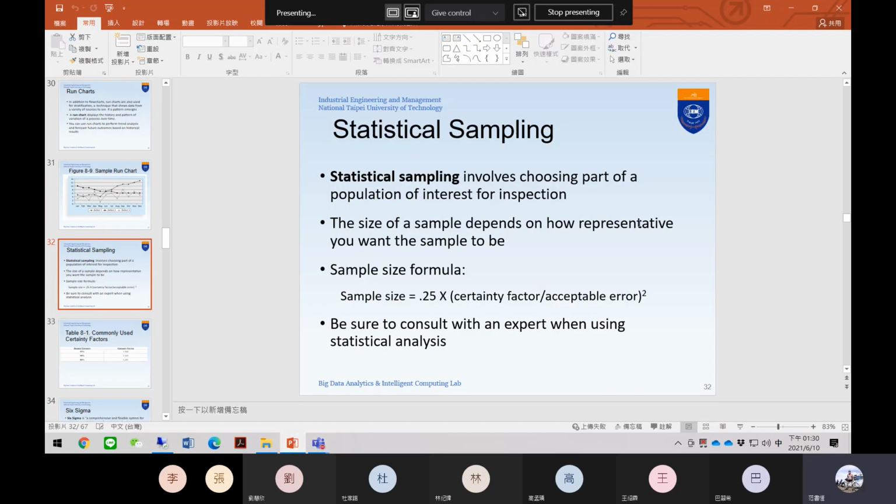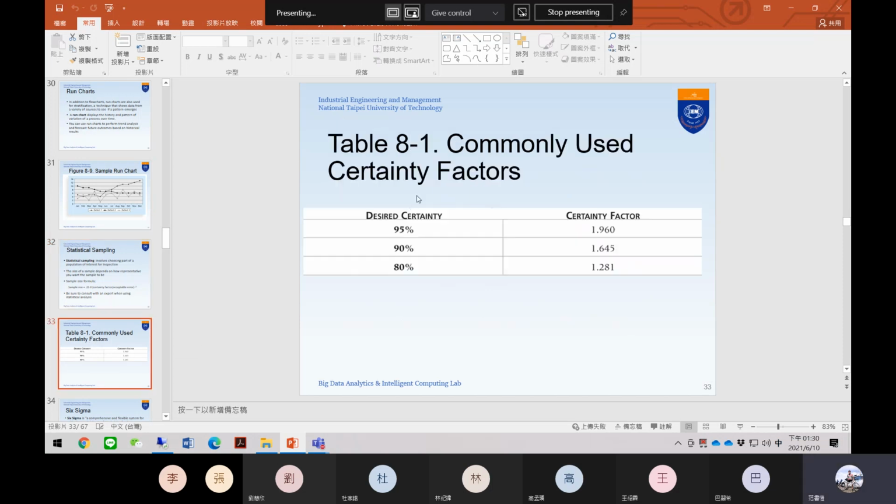So be sure to consult with an expert when using statistical analysis. That's why, 30 years ago, most of the QA departments were staffed by statisticians. So Table 8.1, the commonly used certainty factors.